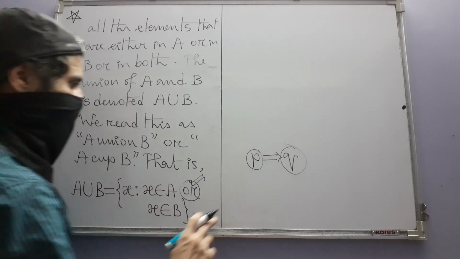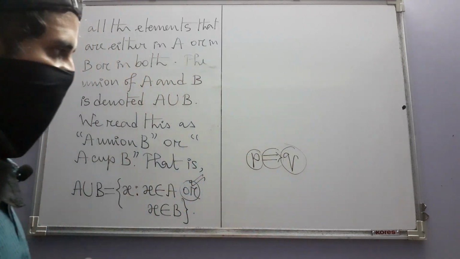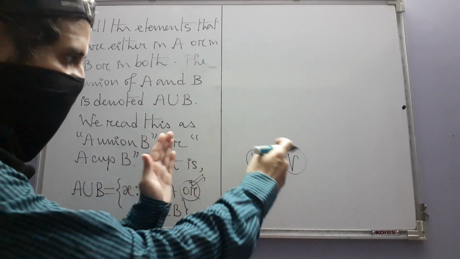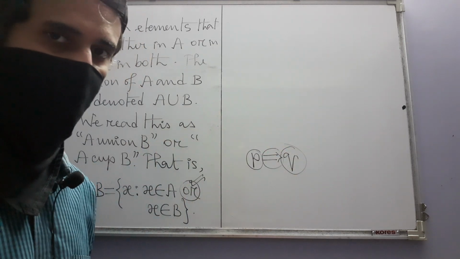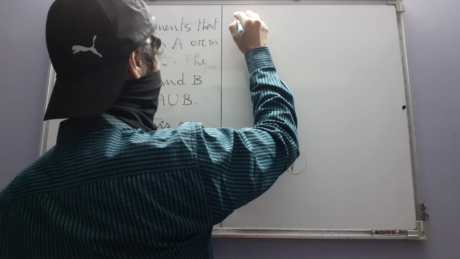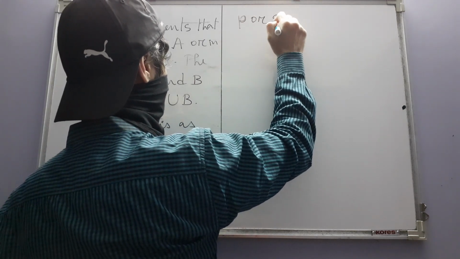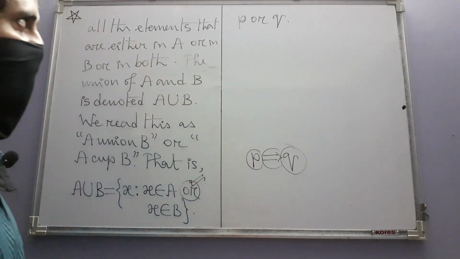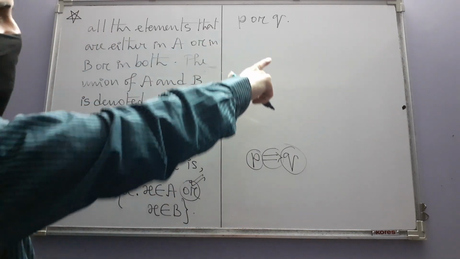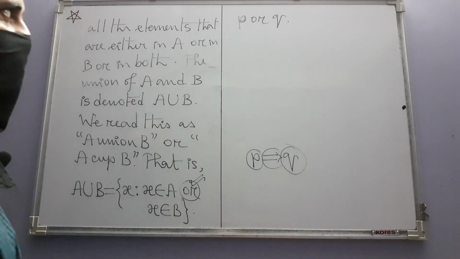Okay. Now, instead of having the implication in between two simple statements to have this compound statement, you can also have or, P or Q. Now this also has a truth table for it, but let's not go into that.